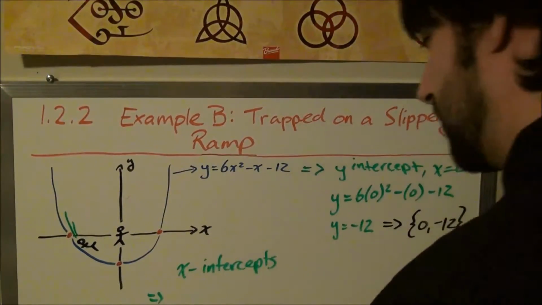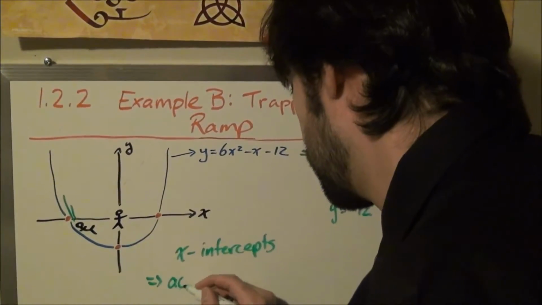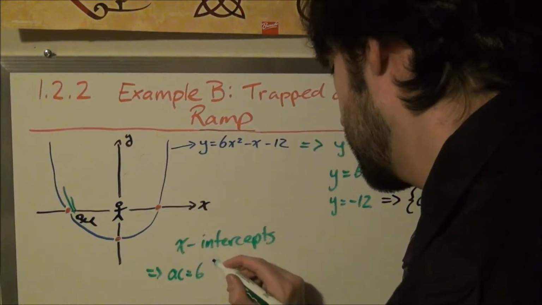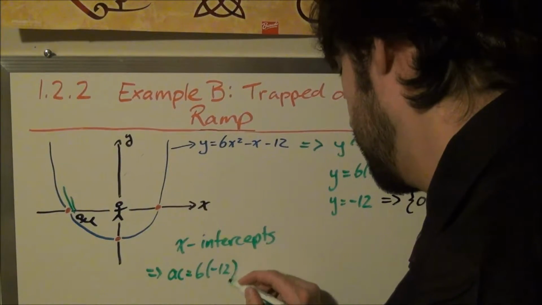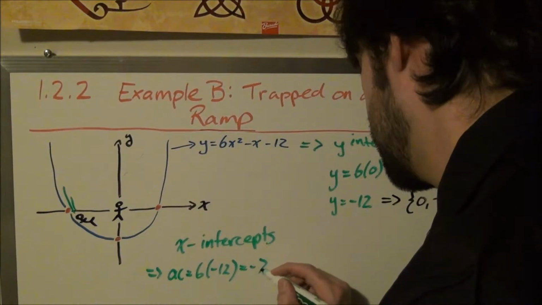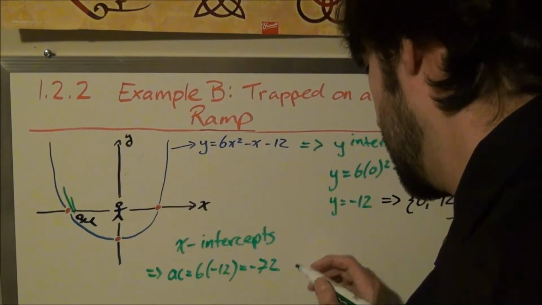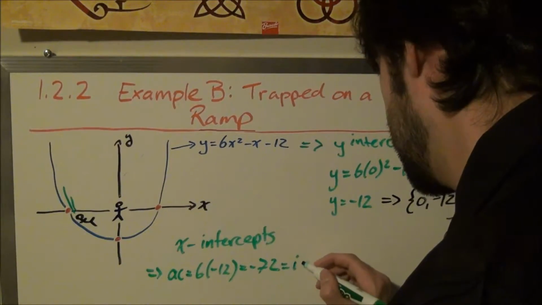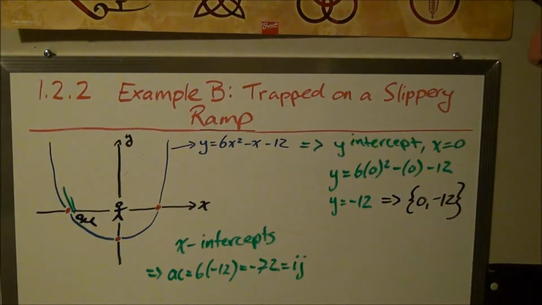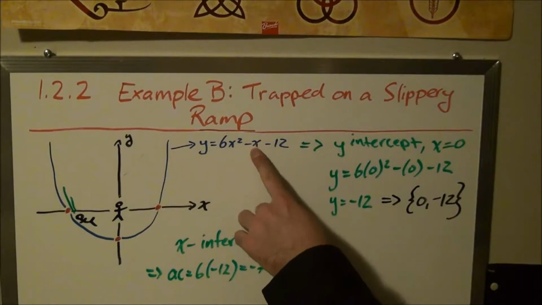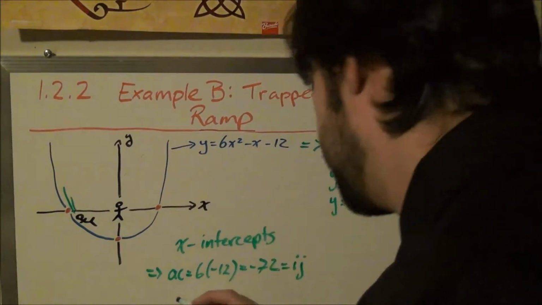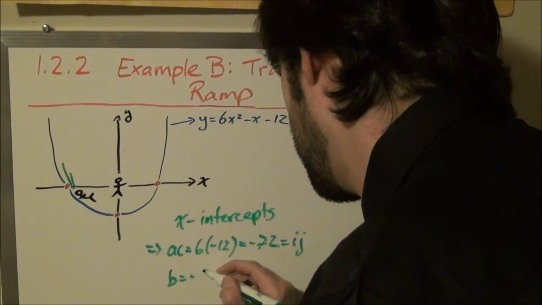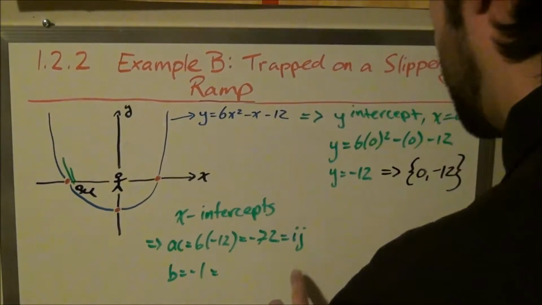Here we have a times c. It's going to equal 6 times negative 12, which is going to equal negative 72. This will equal i times j. Now we see that b is going to be negative 1, which will have to equal i plus j.